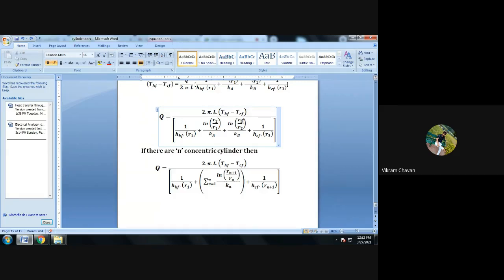So we can consider that if there are n cylinders, then the final radius will be R suffix n plus 1, divided by the initial radius, that is R suffix n. So in general, we can write the summation of all the logarithmic terms of R suffix n plus 1 whole divided by R suffix n whole, divided by K suffix n.